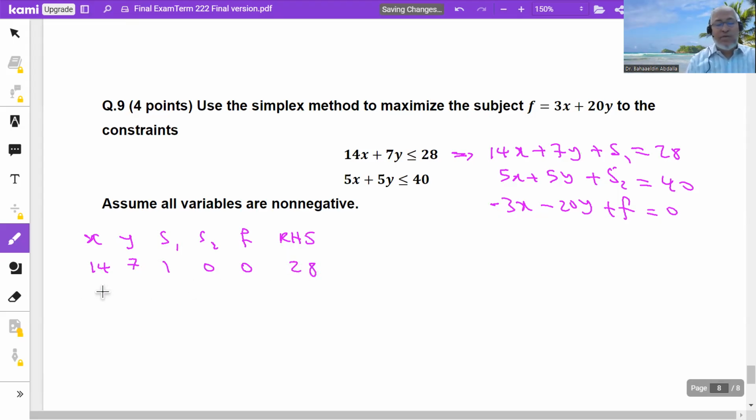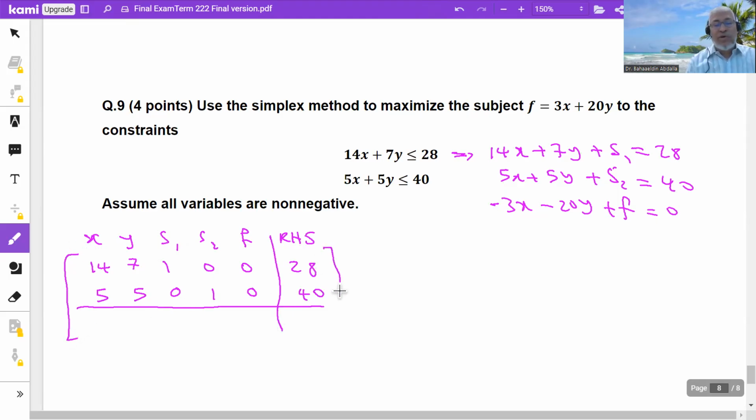In the second equation, I have 5, 5, 0, coefficient of S2 is 1, there is no F, and 40. The last row is called the objective row, and the numbers are negative 3, negative 20, 0, 0, 1, and 0. So this is called the initial tableau.